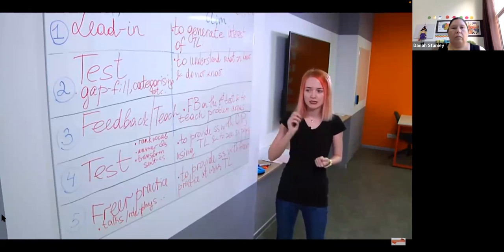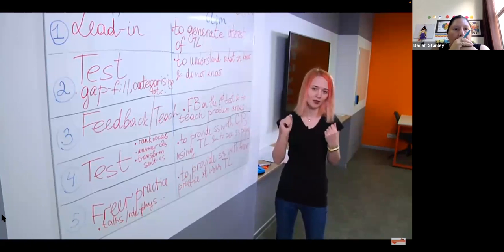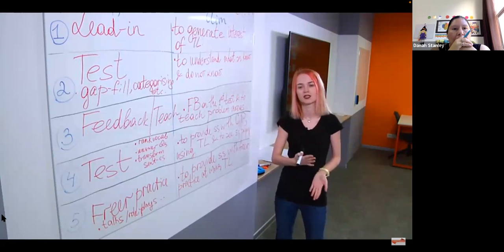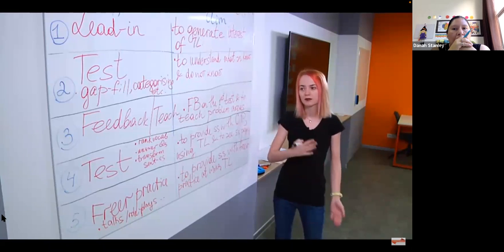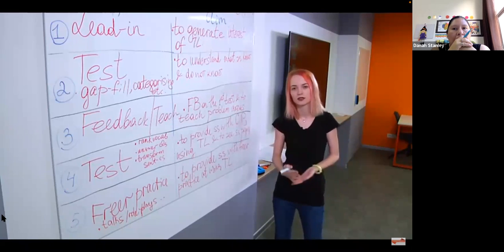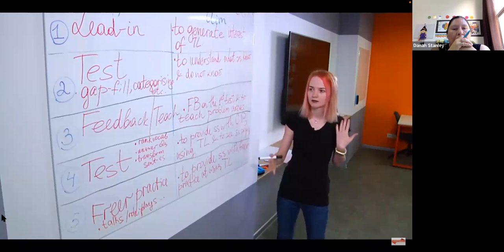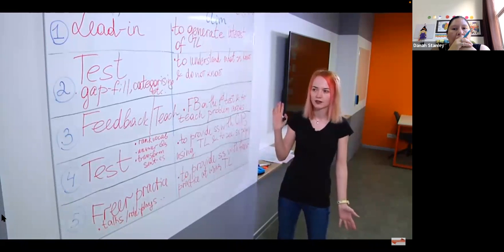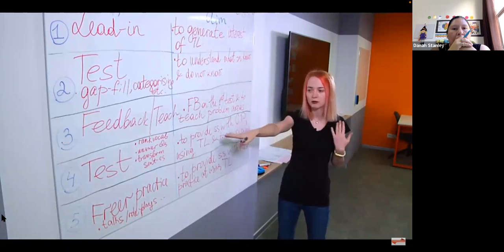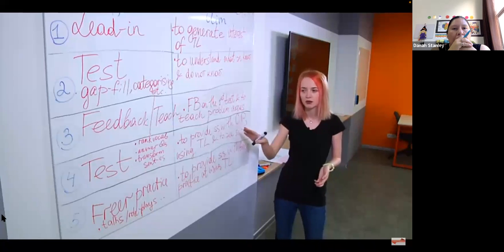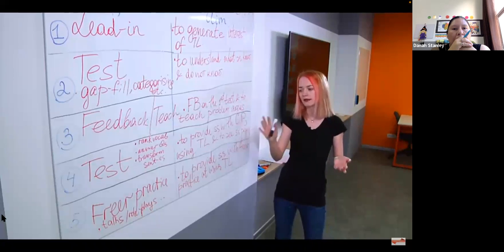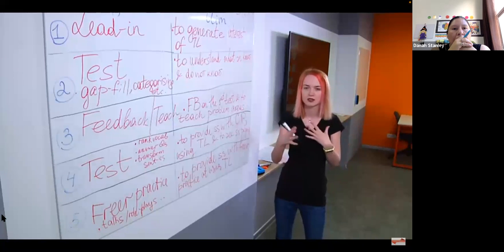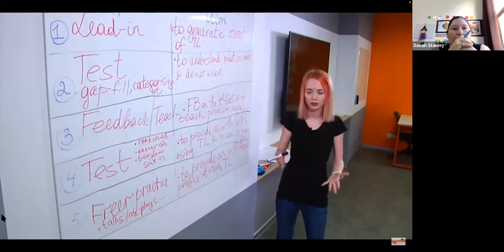The next one is test. Again, you may give your students exercises such as to ask your students to fill in the gaps, rank vocabulary, answer questions, categorizing, gap fill, etc. And your purpose is to provide students with controlled practice using target language, and again to understand and to see your students' progress.